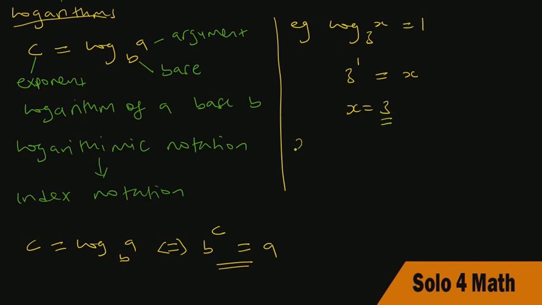If you look at another example, if you have log of y base 5 equal to 0, change it to index notation. The base remains the same, bring the exponent, power it to the base, and the argument comes down, so you have your y. We looked at indices and said any number to power 0 is a 1.